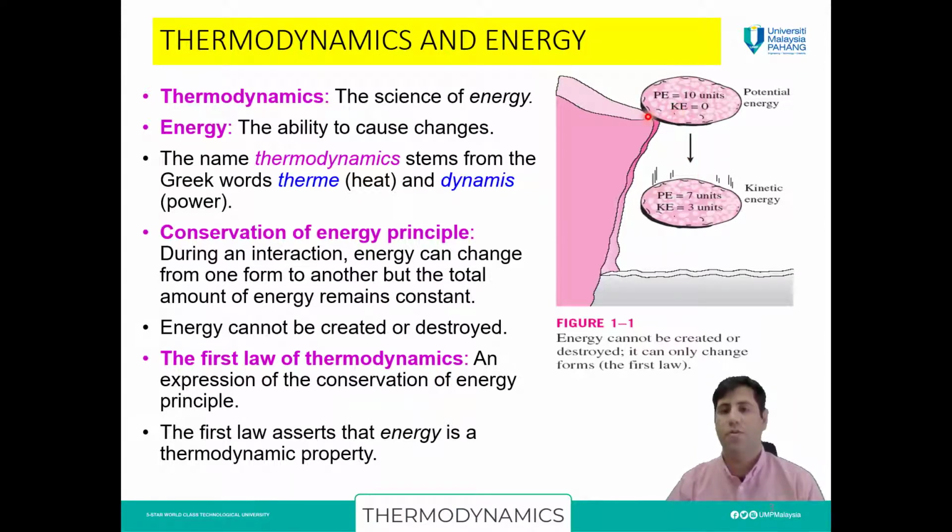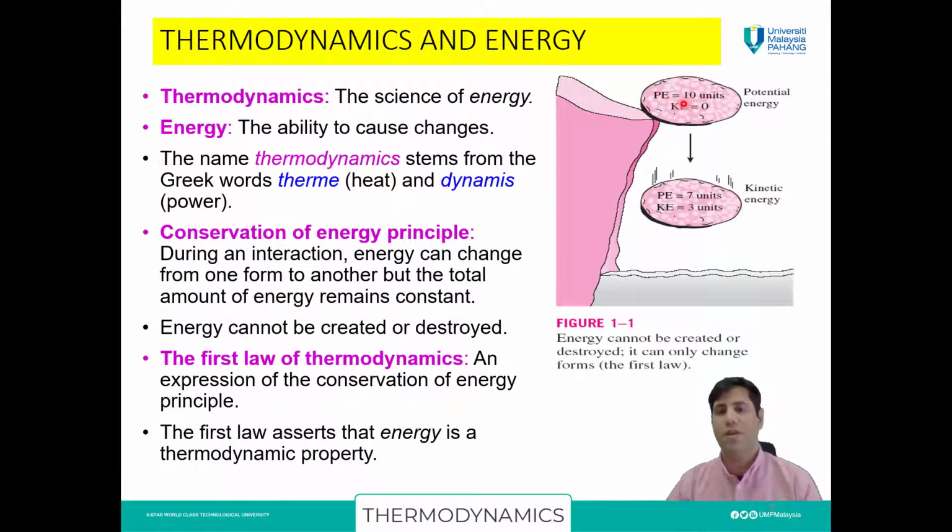As you may know, we have two different types of energy. For a stone at a height, you can see here it has 10 units of potential energy, but because it is not moving, it doesn't have any kinetic energy.